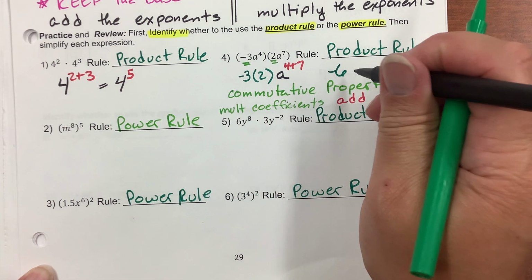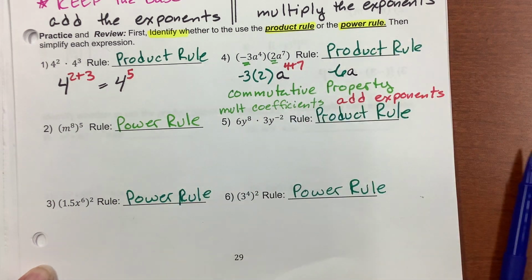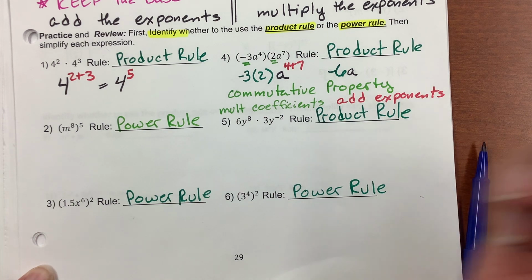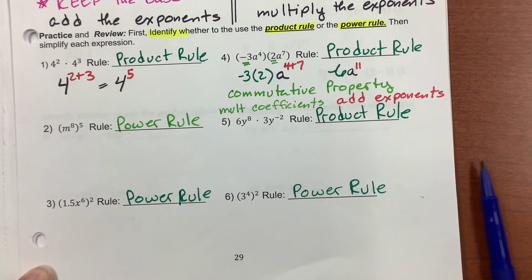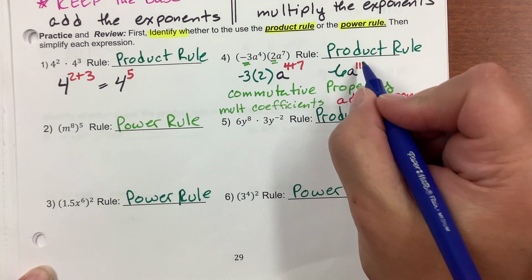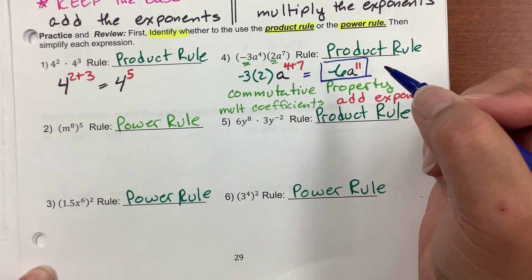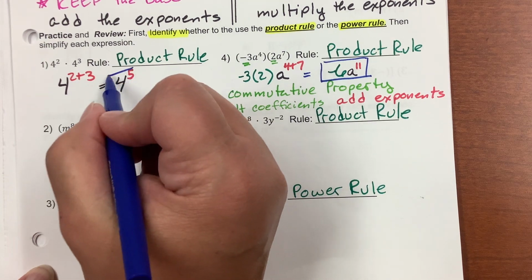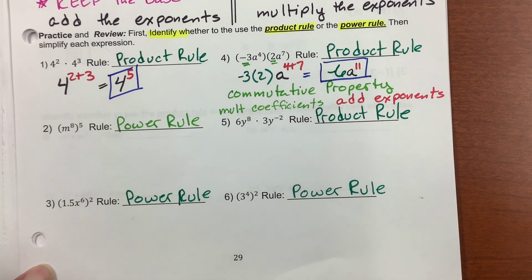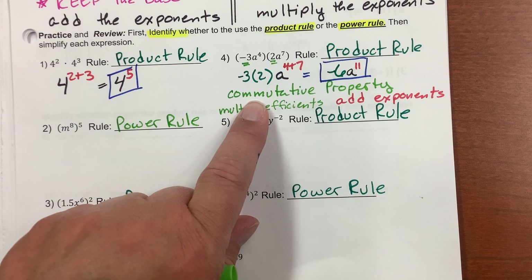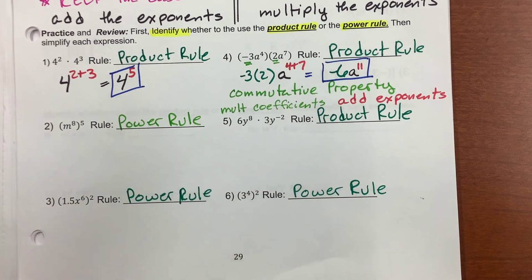Keep that base a, add the exponents 4 plus 7 to get 11. So I get -6 a to the 11th power. And I just realized I have no equal sign there, and I didn't box this answer, so I'm going to box that answer too. So when there are coefficients thrown in there, it adds like another step, but it's not too bad.